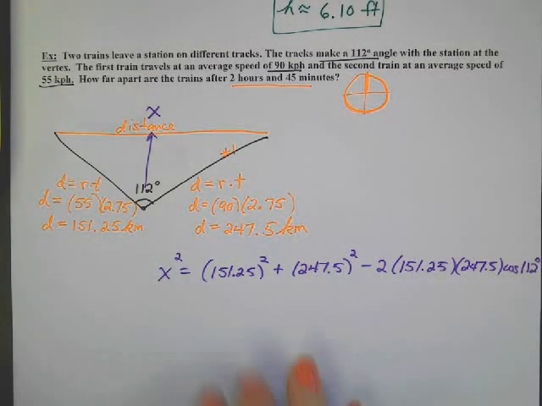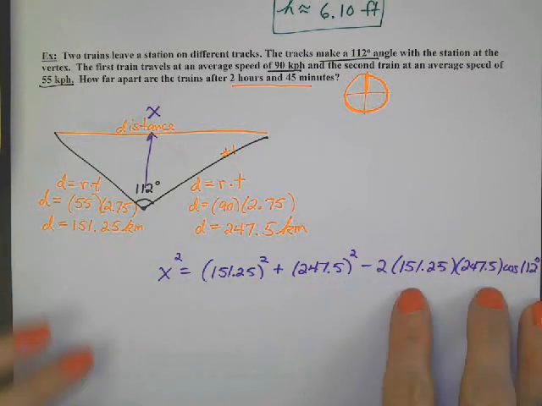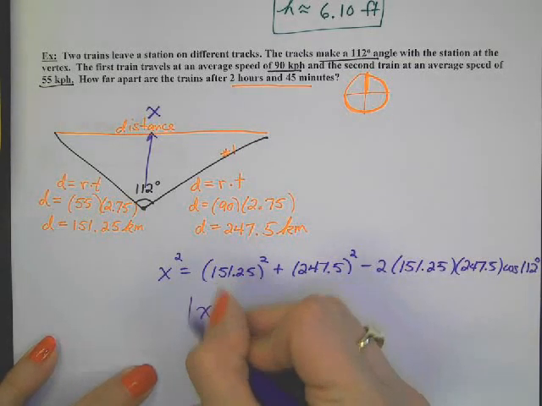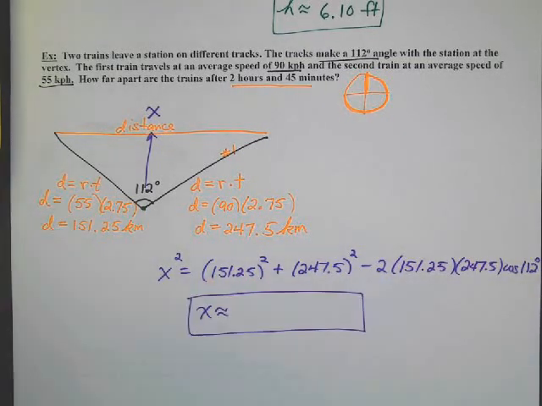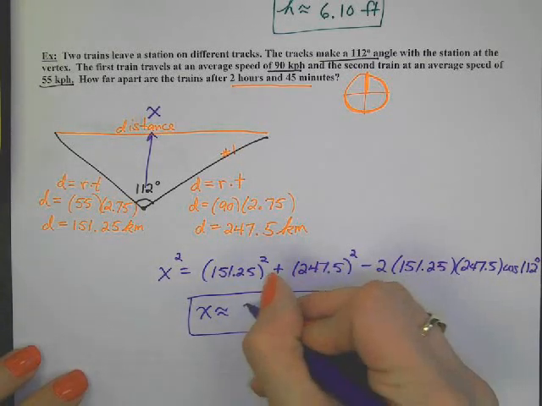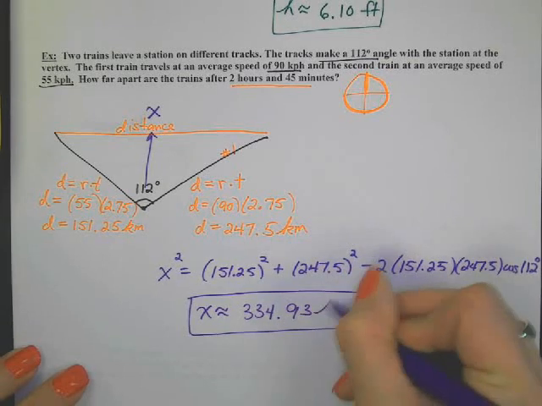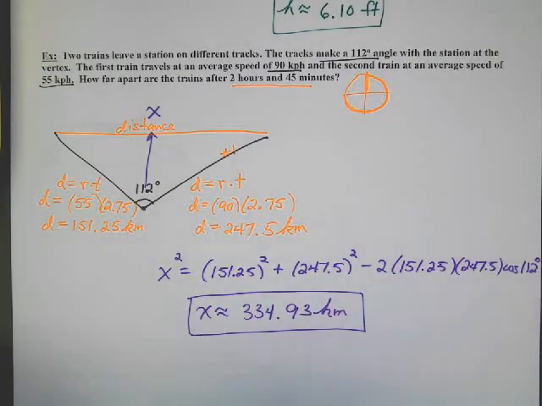Okay. This is all I need to see on your test. Type in all this stuff real nice. Don't forget to square root. X approximately. What's the distance between the trains? $334.93 kilometers.